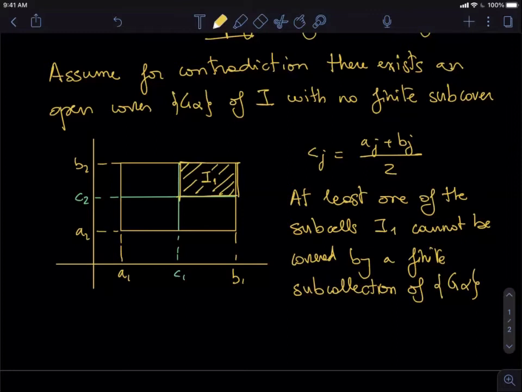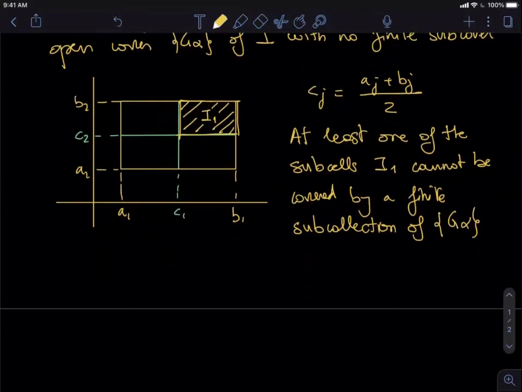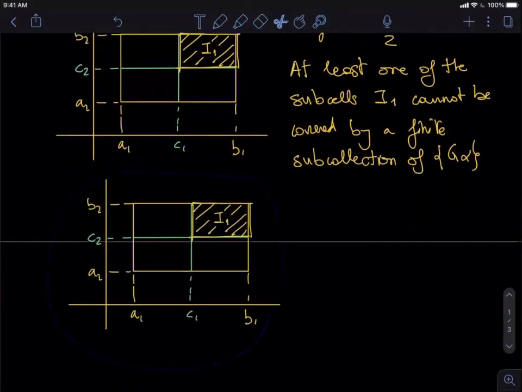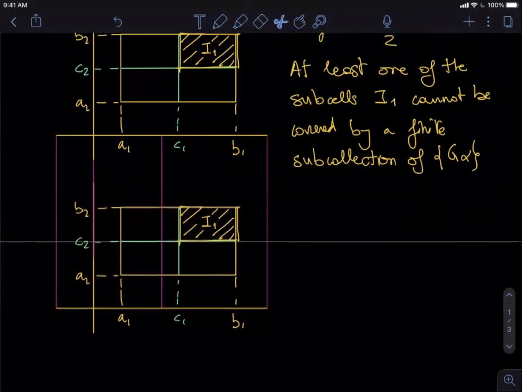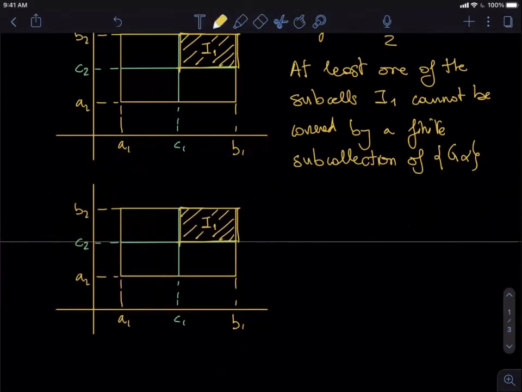And now what do we do? We are going to take the cell I1 that I just found, and I'm going to subdivide it into 4 subcells.